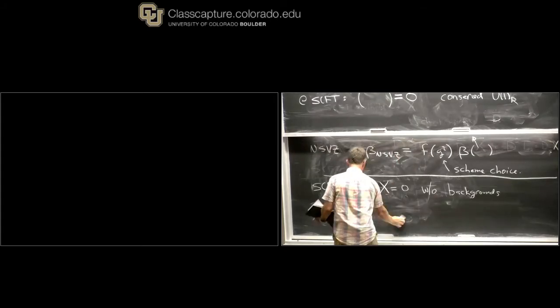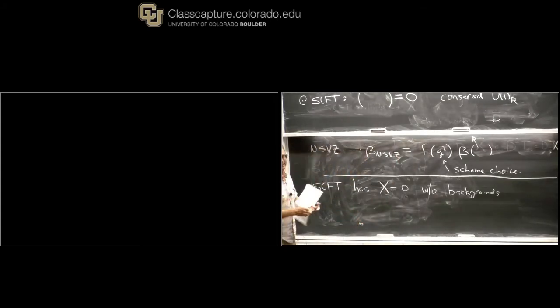But now, following Nadi's third lesson yesterday, we should turn on background fields for all of the symmetries. And then we find that the background fields lead to non-zero X.